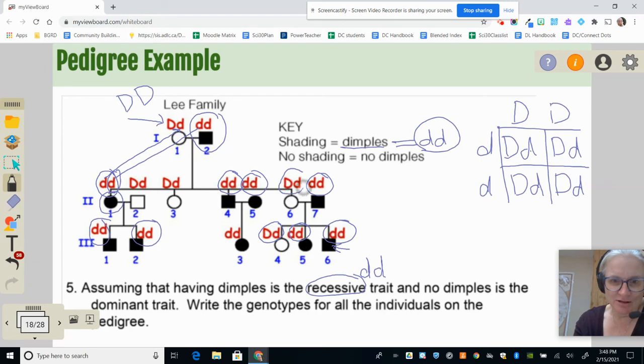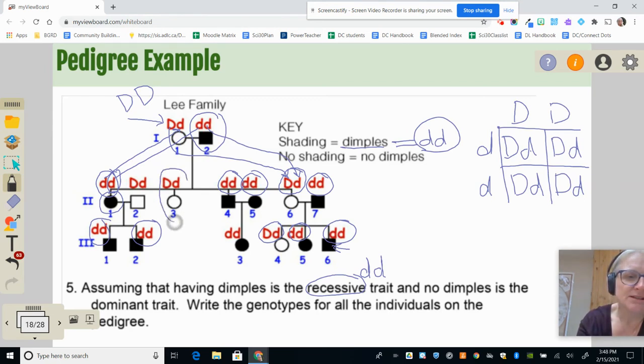Plus, you can see this daughter here has a big D and a little d. Little d would have come from dad, but big D had to come from mom. So that's another way we know she had 1 big D. That's how we go backwards in the pedigree to figure out the genotypes of the different offspring.